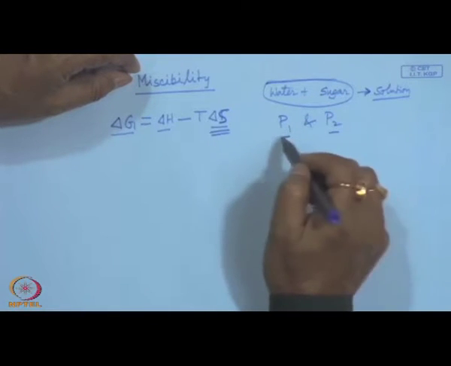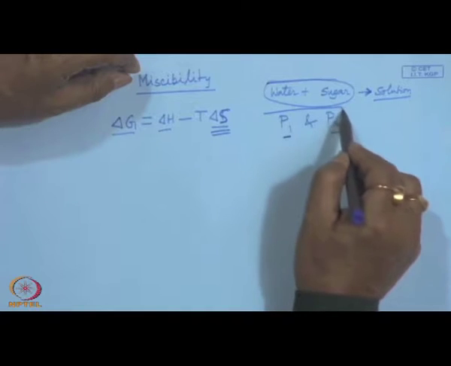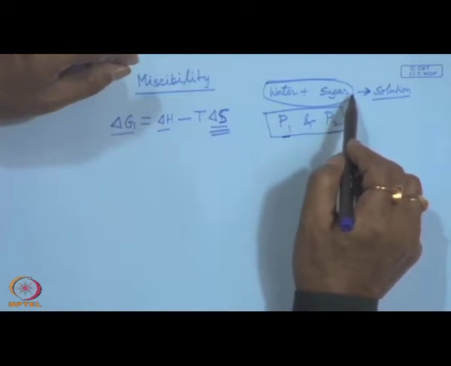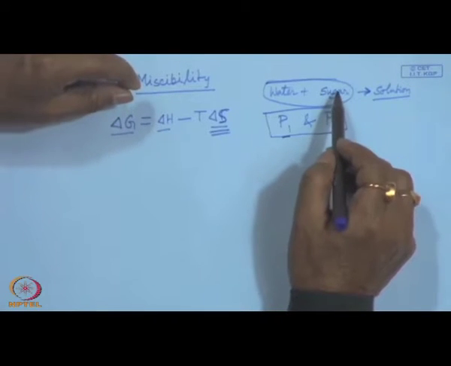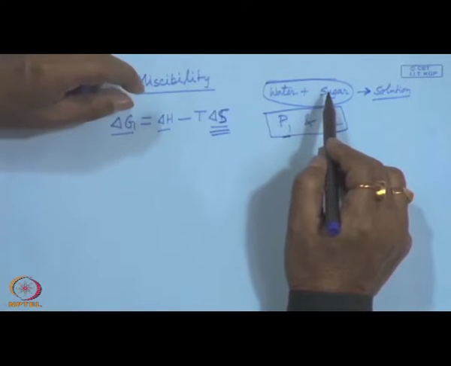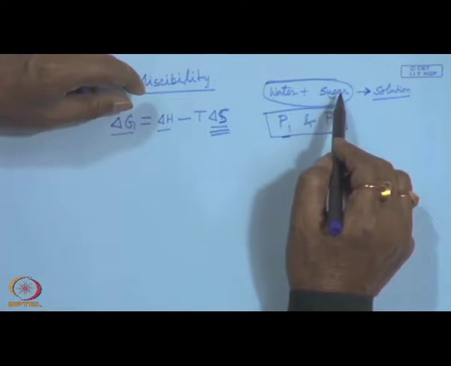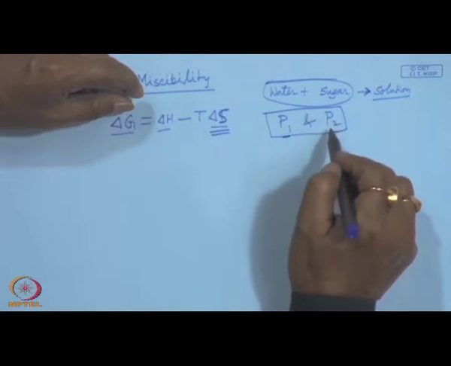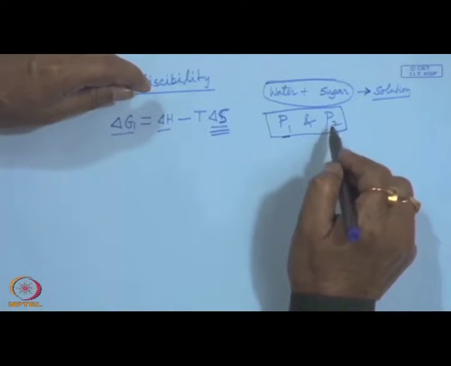Now, the picture is a little different in the case of polymers. In a simple solution, the entropy of mixing of sugar and water is quite high because of their discrete molecular nature. Here the entropy of these polymers will be very low, almost negligible, because of their high molecular nature.